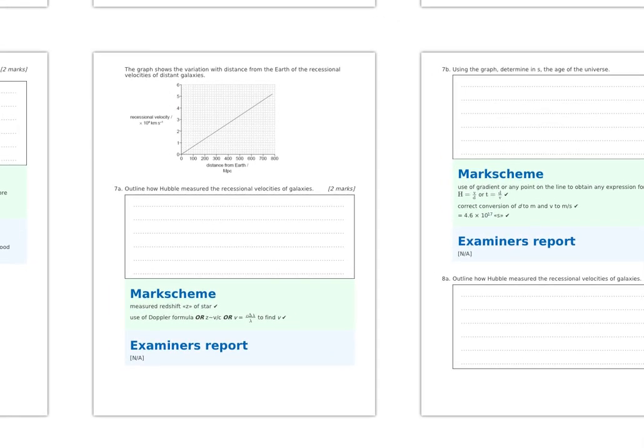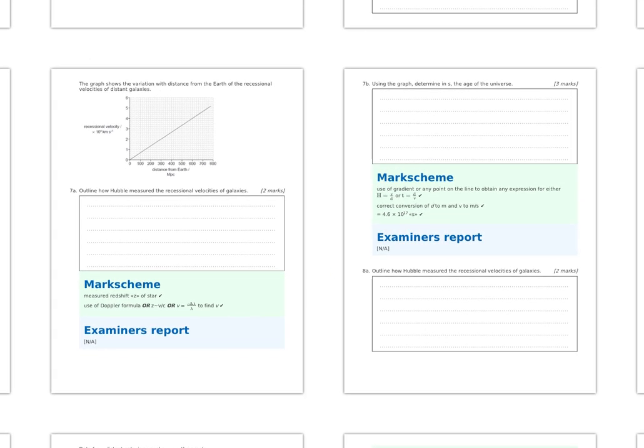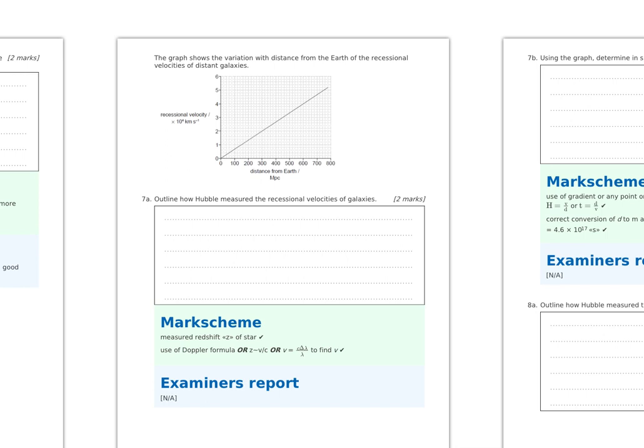Here's number 7. Now, 7A and B are, in fact, D3 questions. So we have speed versus distance for galaxies, and 7A asks how Hubble figured out the recessional velocities of galaxies.